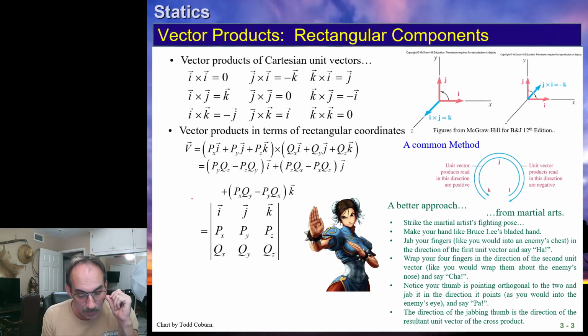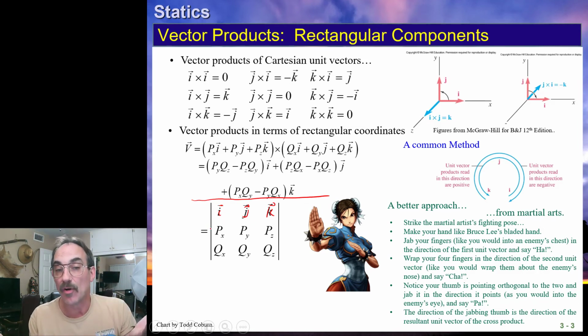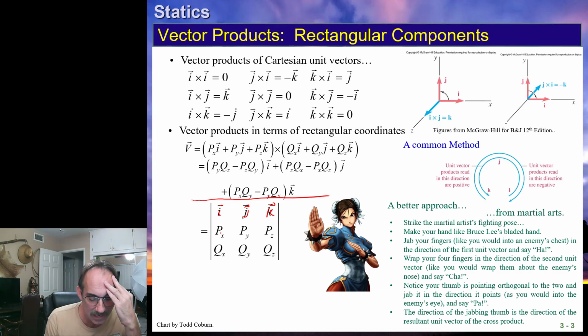So the first way is to multiply that all out like we just said. The second way is just put your i, j, k, and then right below it you take the first vector. In this case we're doing P cross Q, but it could be an R cross F or any other two vectors. The x component, the y component, and the z component of our first vector.